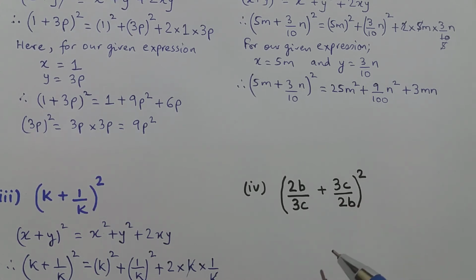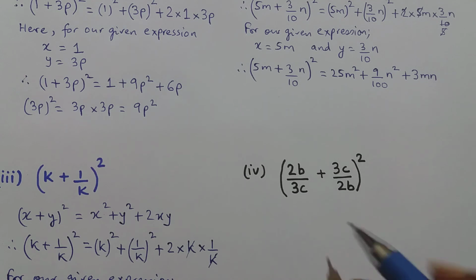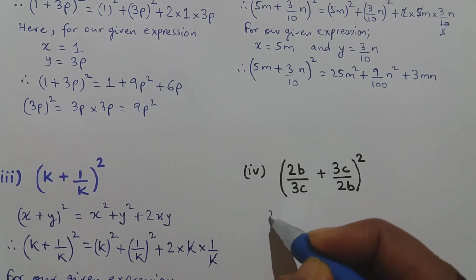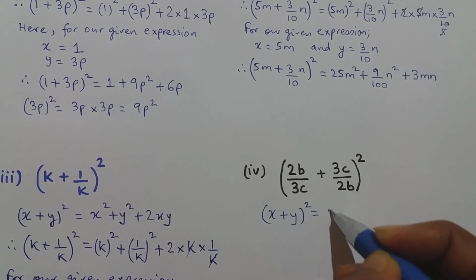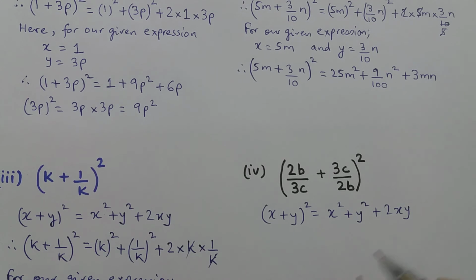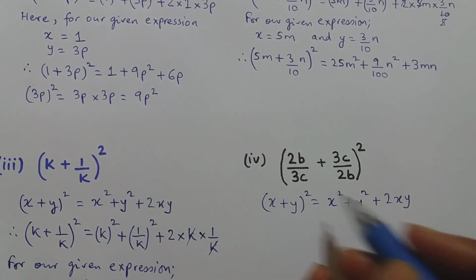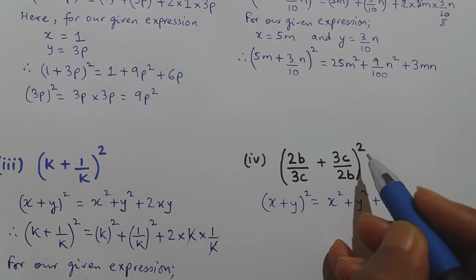Let us solve it. Here also I am going to use the same algebraic identity. We know x plus y whole square is equal to x square plus y square plus 2xy.